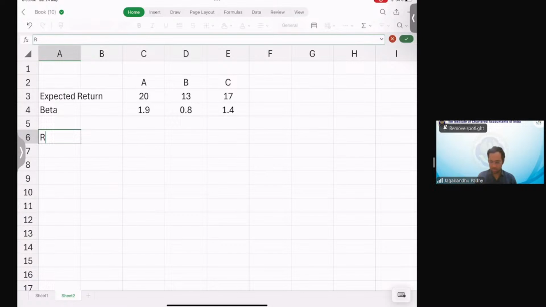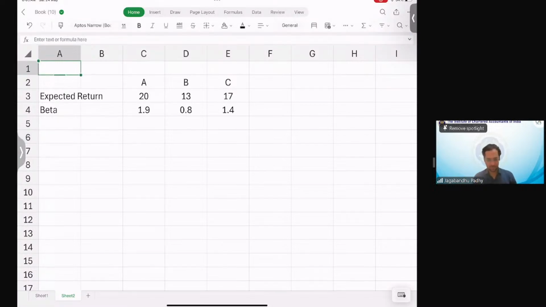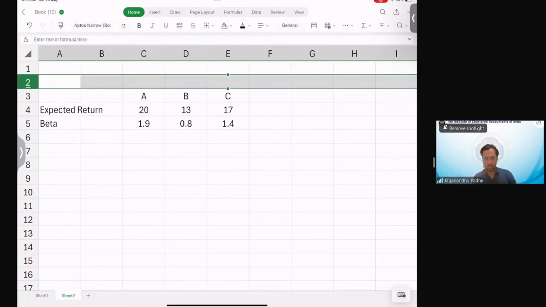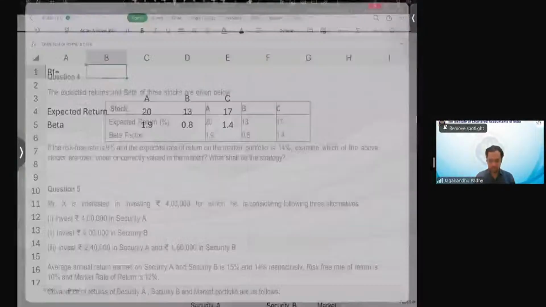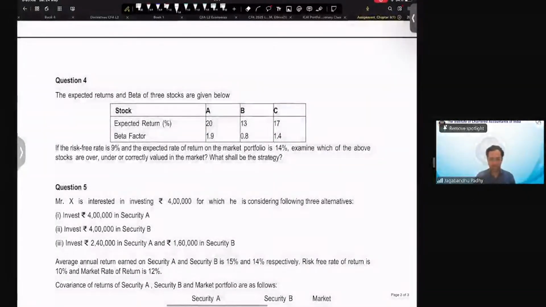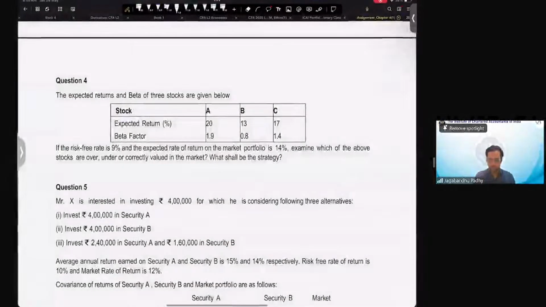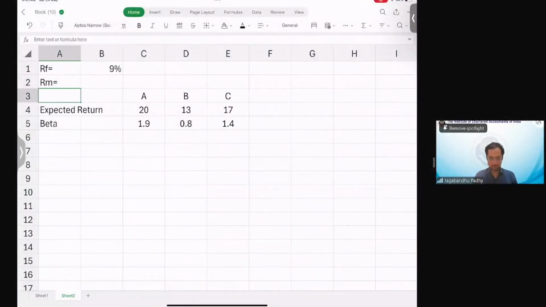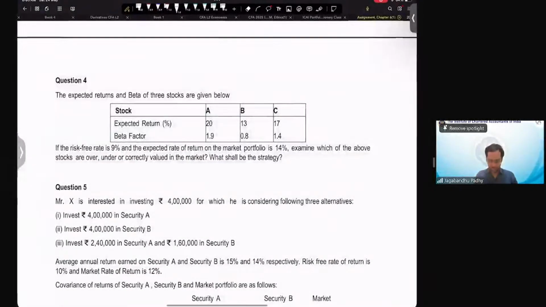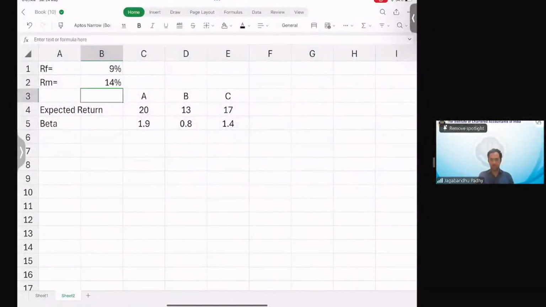So the risk-free rate given to us is 9%, and the market portfolio return, which is RM, is 14%.